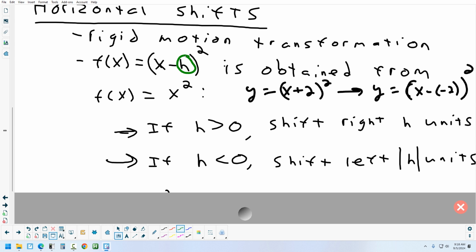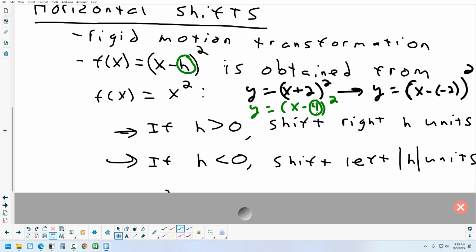If what's after the minus sign is a positive number, it will go to the right. So if you had something like y equals x minus 4 squared, it has a minus. Look at the number that comes after the minus sign, not the minus sign itself. That's a 4. That's going to shift it to the right 4 units.